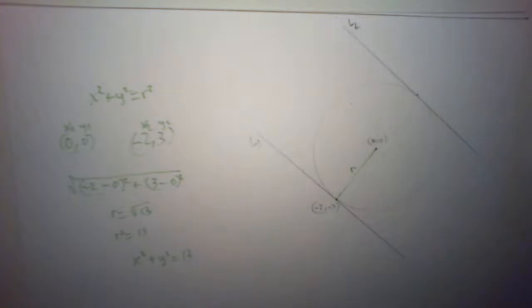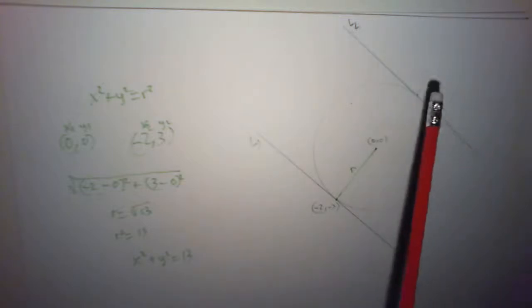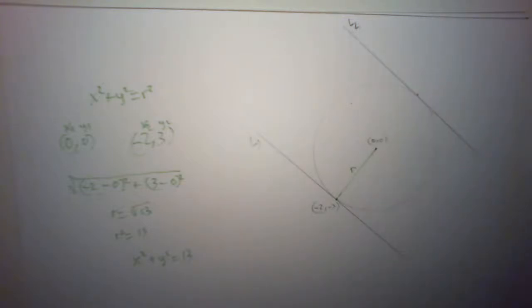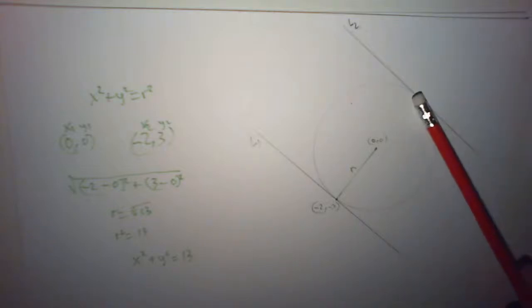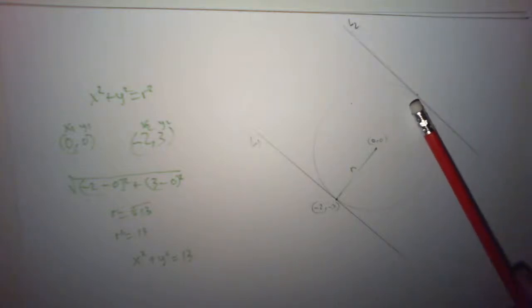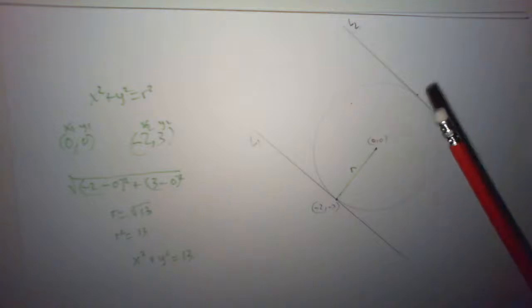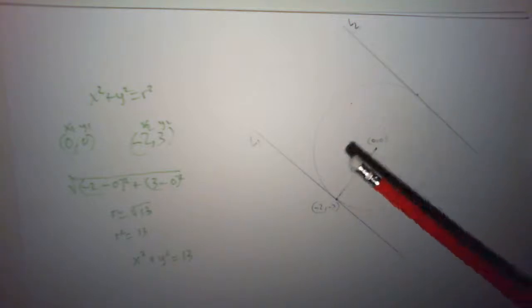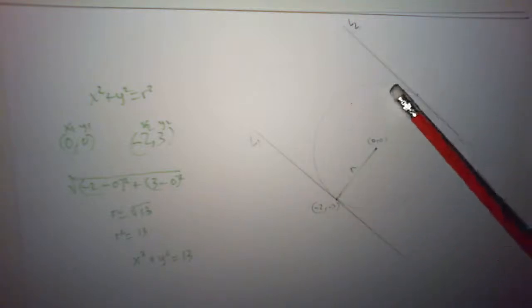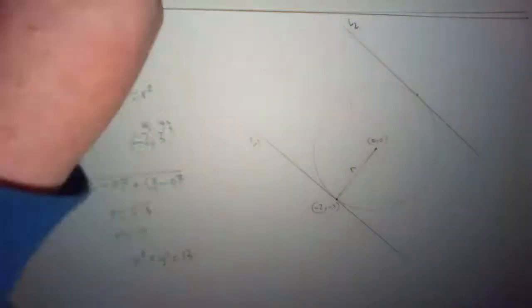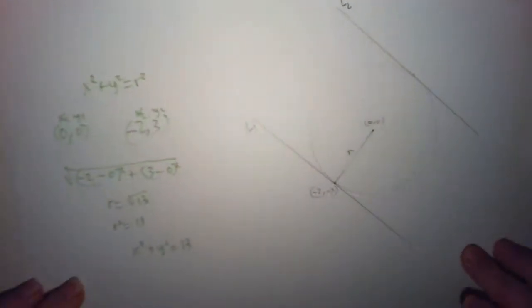What do you think the point is there? That's the first thing I want you to figure out. And if you can find that point there, would it be possible to get the equations of both tangents? So let's brainstorm this one for a second.